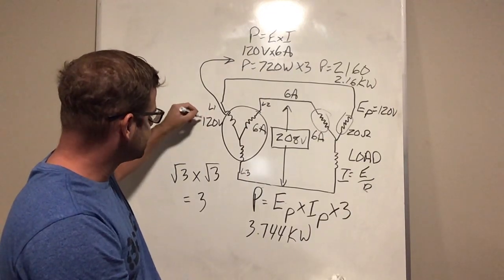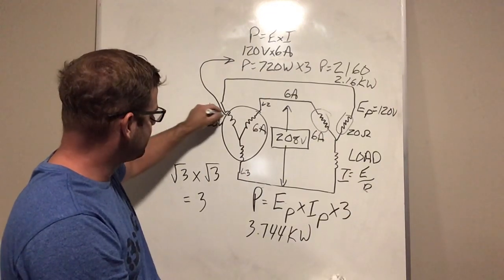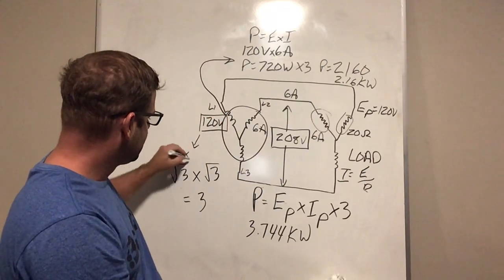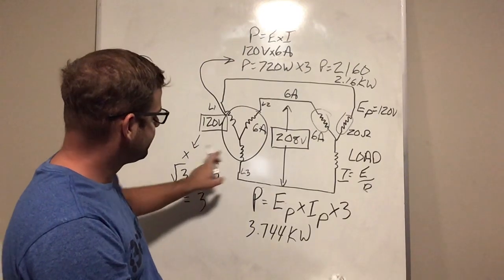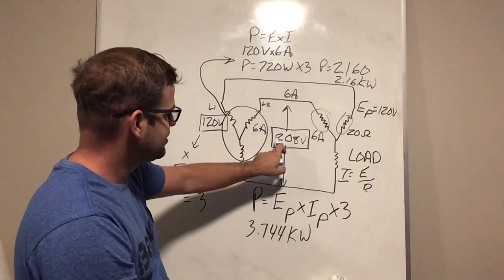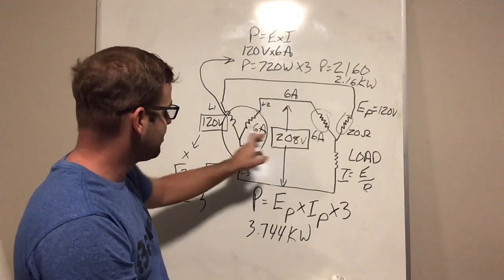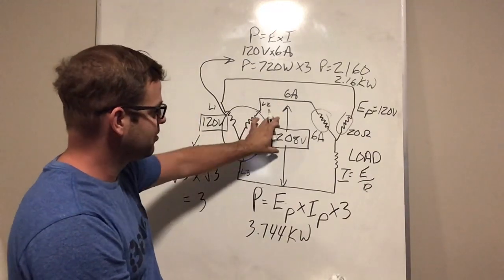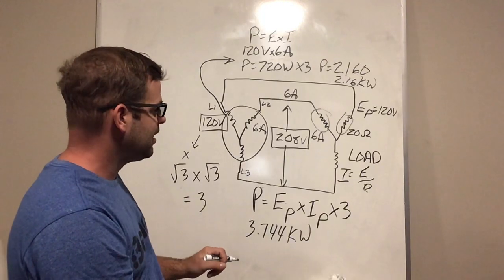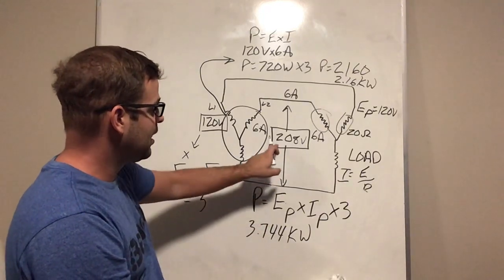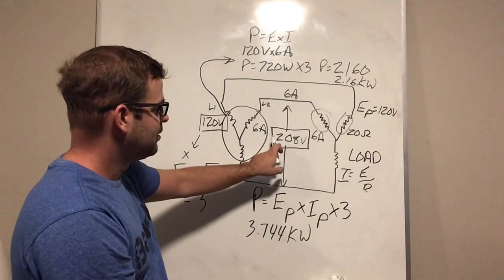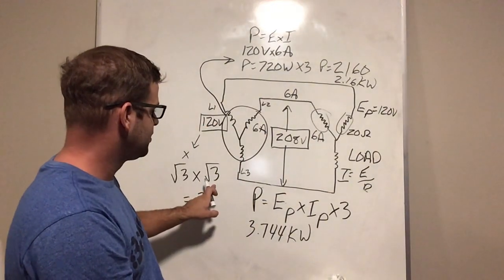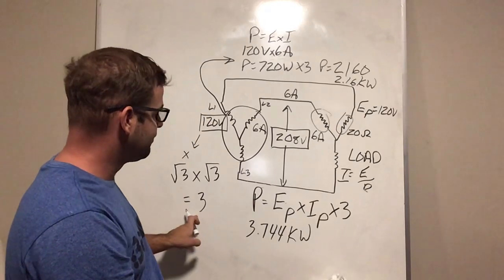I'll show you why that's important here. If I have 120 volts here and I multiply this by root 3, it gives me this already. So I've already increased that phase value by root 3 to get 208 volts. If I multiply my line value and my 6 by root 3 larger, I end up getting a value of 3.